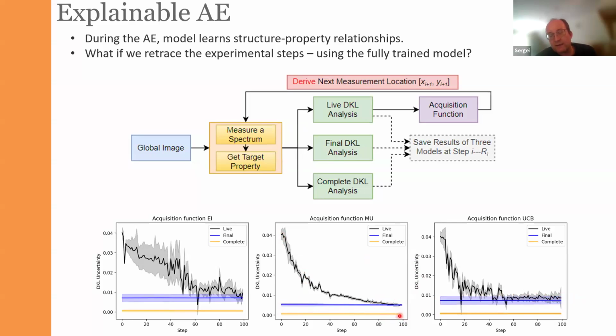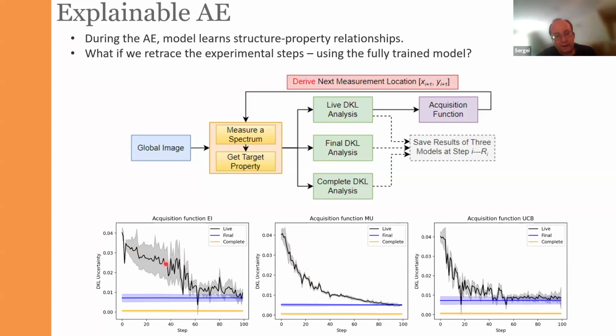In this case, the data set would be something like 10,000 points. So the yellow model has been trained on 10,000 examples, the blue model has been trained on 100 examples, and the black model started from being trained on several examples, and this is how it learns with time. These are the indicators that we have.